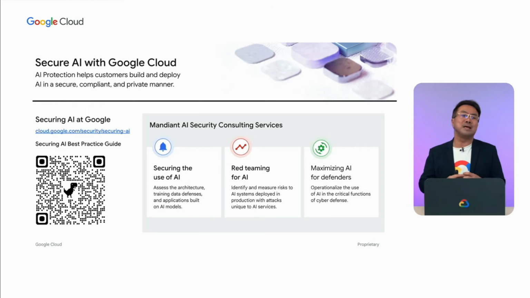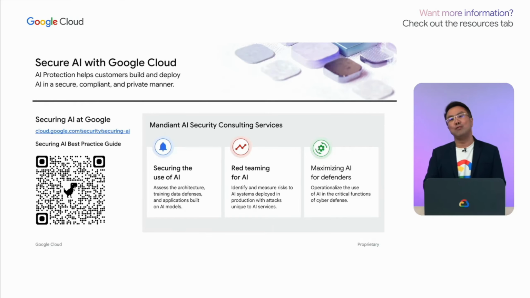Understand your workloads and whether they are properly secured. For those who are already very confident, you can really test it by engaging Mandiant to do red teaming exercises. It gives you the unvarnished truth of your entire AI setup.